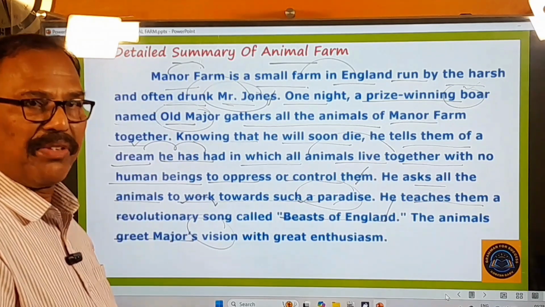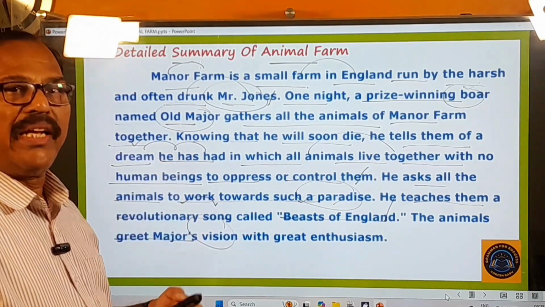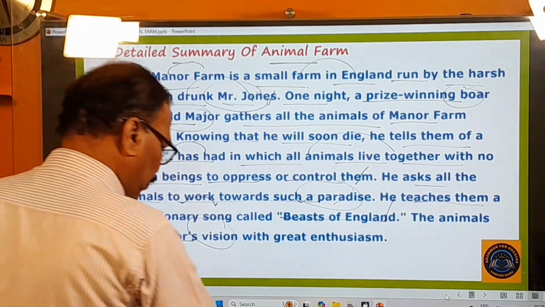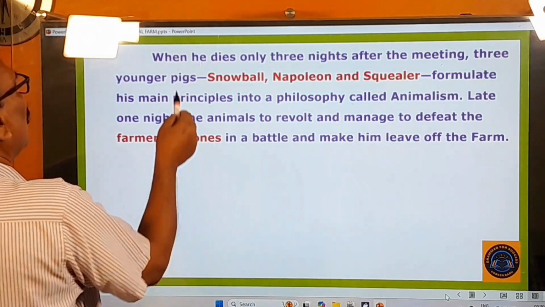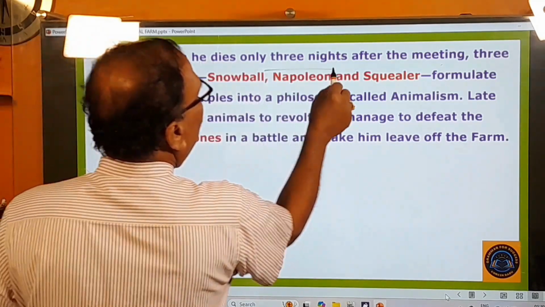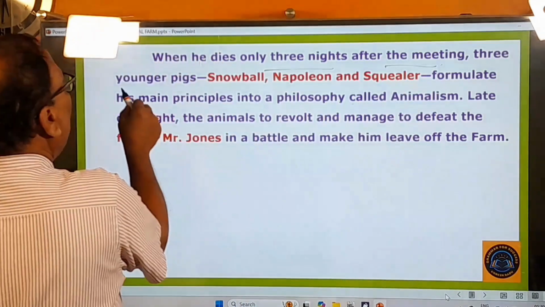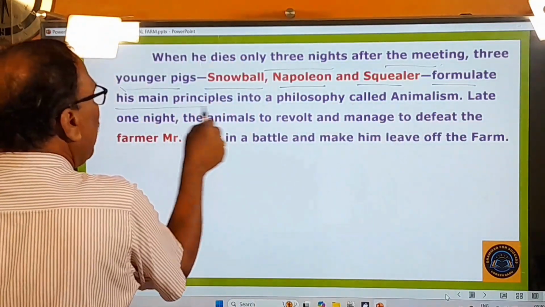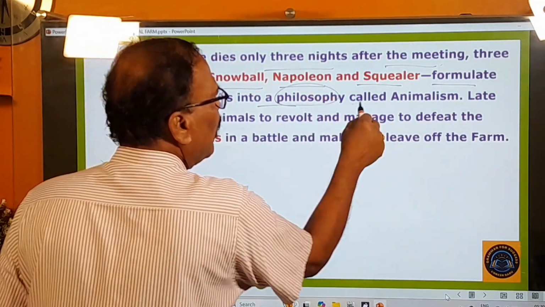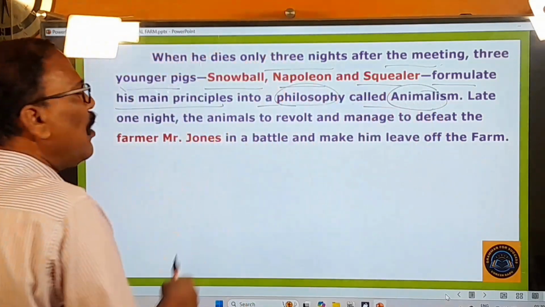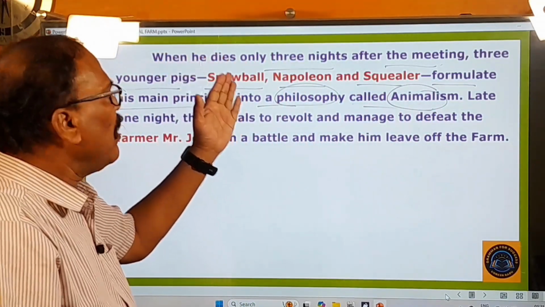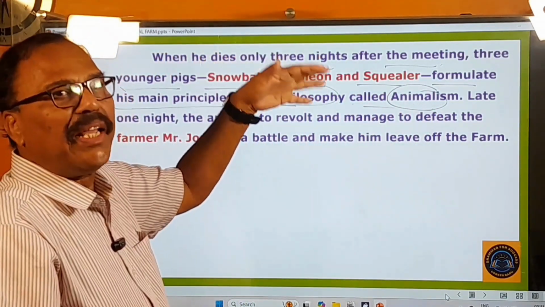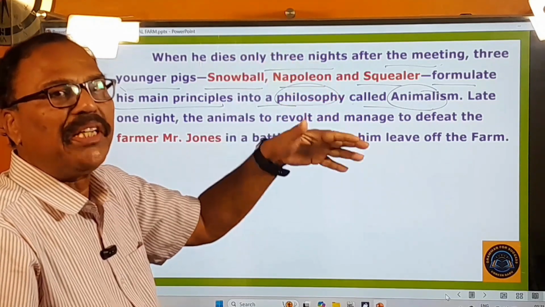This first paragraph is over. Now let's move on to the next paragraph. When he dies only 3 nights after the meeting, 3 younger pigs, Snowball, Napoleon and Squealer, formulate his main principles into a philosophy called animalism. So here Old Major dies 3 days after the meeting was held.